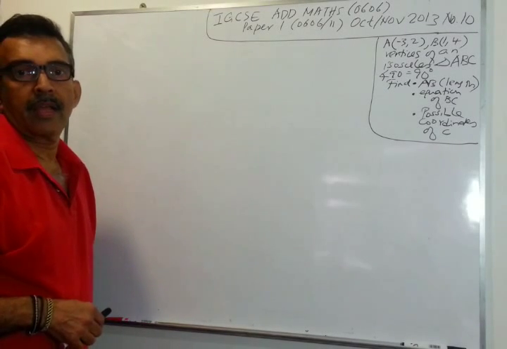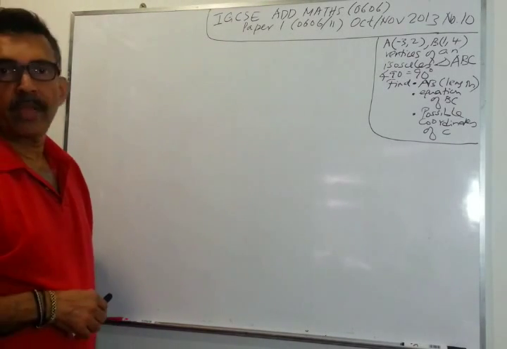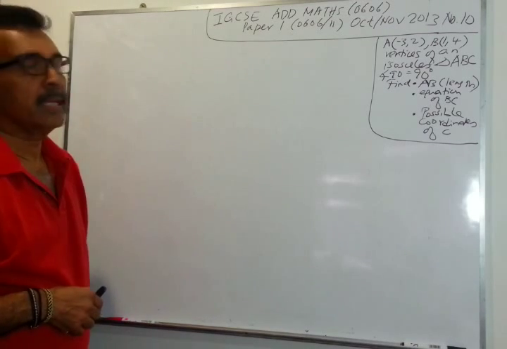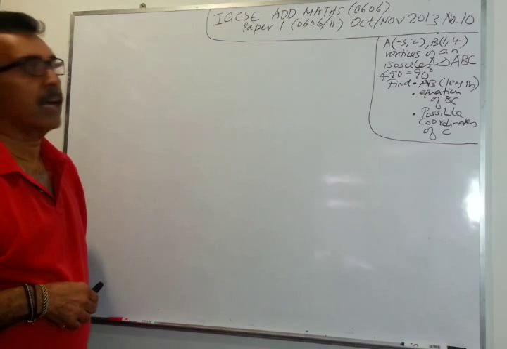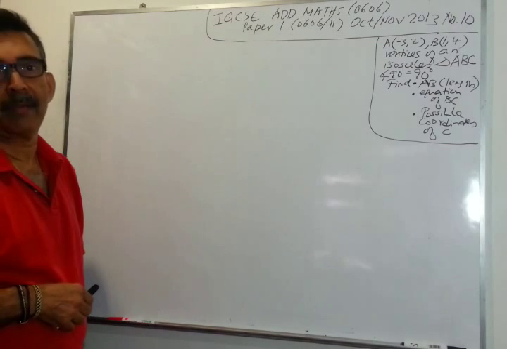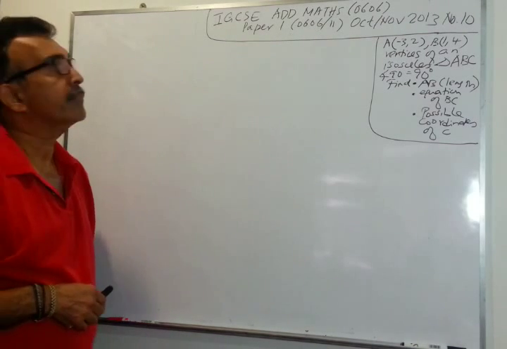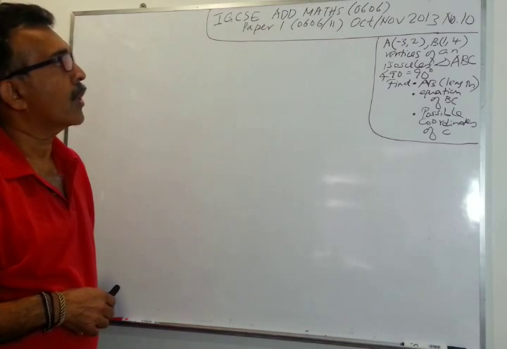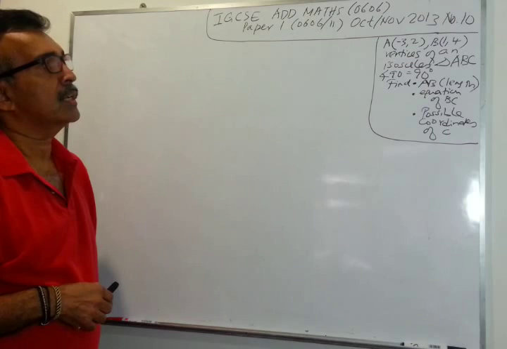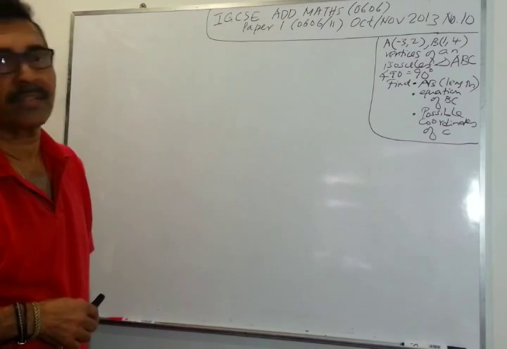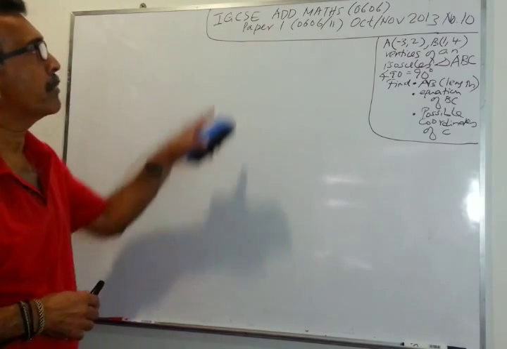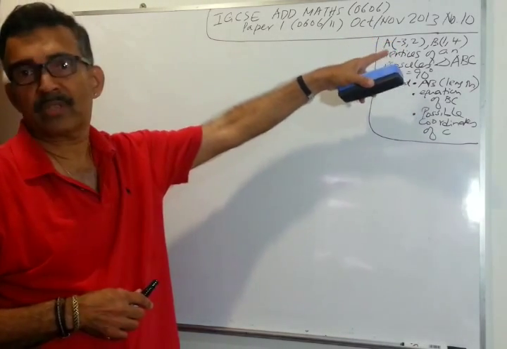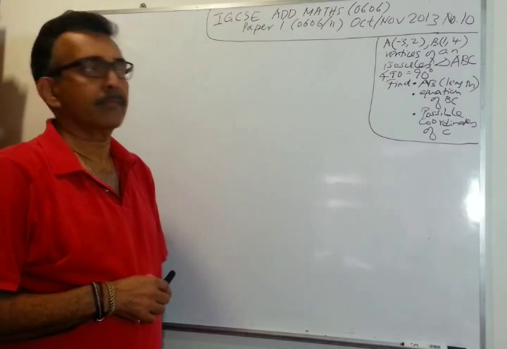Hi, in this video we are going to be looking at one problem taken from the IGCSE Add Maths exam paper. It is paper 1 from the October-November 2013 exams, and the question is number 10.